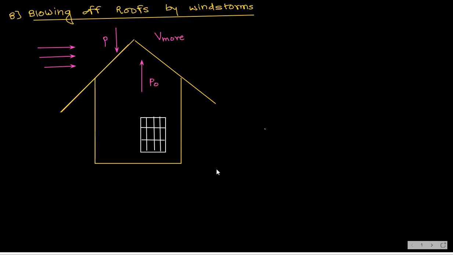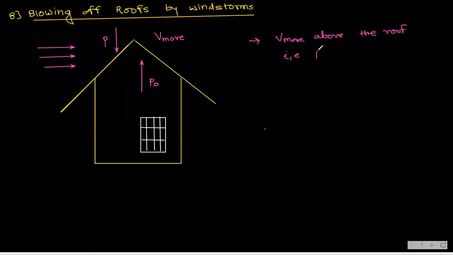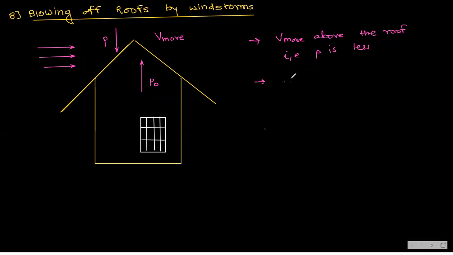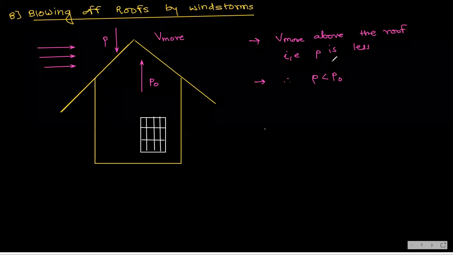As velocity of blowing wind is more above the roof, that's why P is less above the roof, and therefore P is less than P naught.